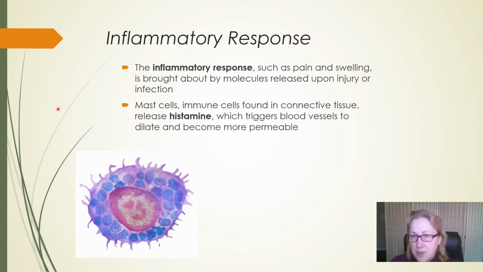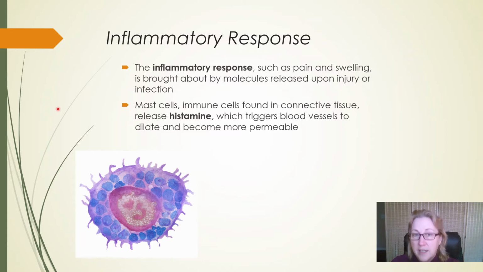So the inflammatory response, and again, this is something we've been hearing about in regards to coronavirus, is because an improper inflammatory response is one of the things that can cause very severe symptoms with coronavirus.